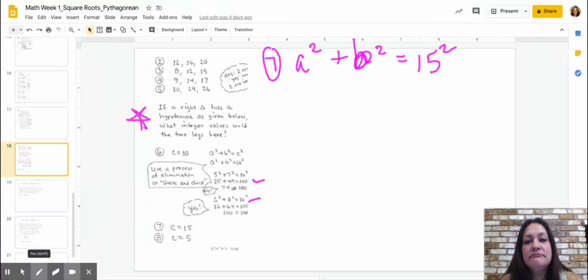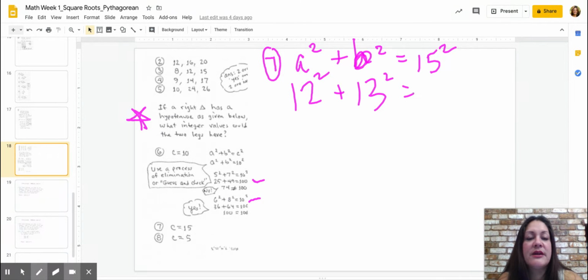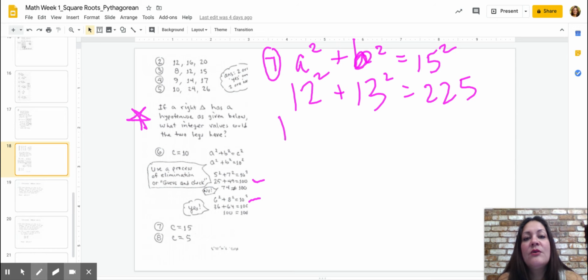Okay, so let's do, I don't know, 9. Want to go bigger? Let's do 12. I like 12. 12 is 144 and 13. Give it a go. 12 squared plus 13 squared. Does it equal 225? 144 plus 169.